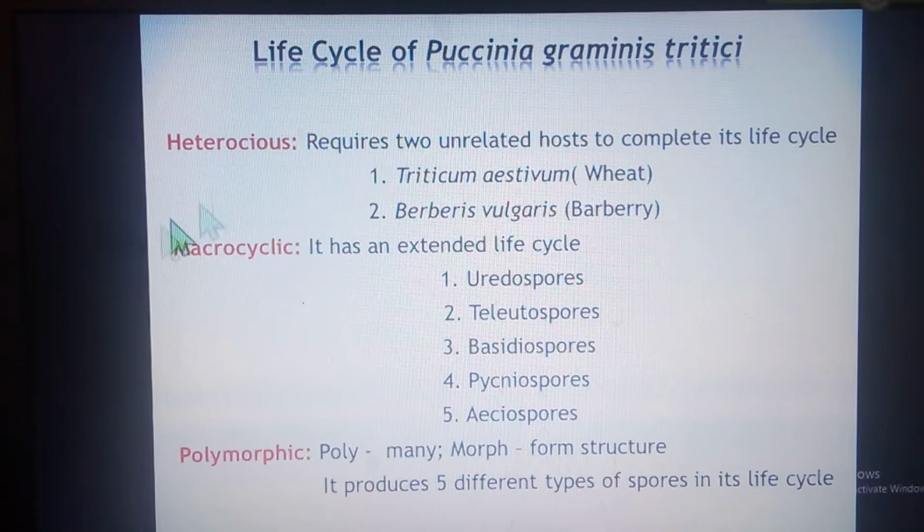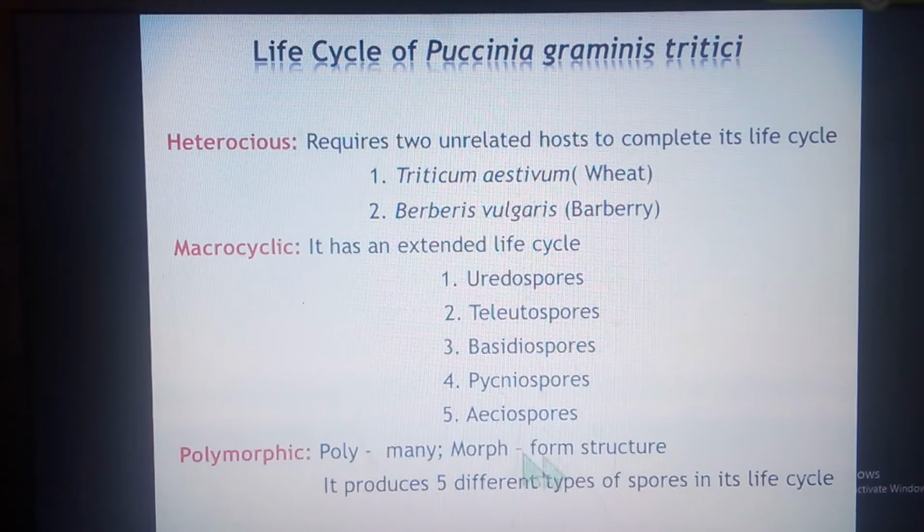Puccinia is also macrocyclic. Why is it called macrocyclic? Because it has an extended life cycle. Throughout its life cycle, it produces different spores at different stages, and these spores are urediniospores, teliospores, basidiospores, pycniospores, and aeciospores.